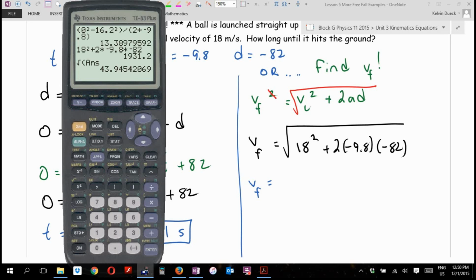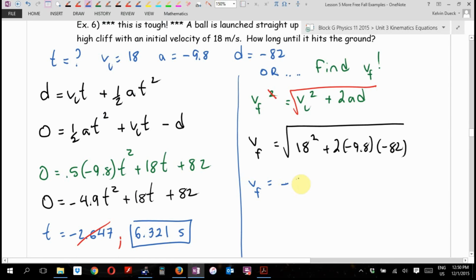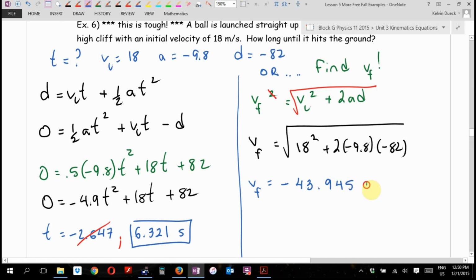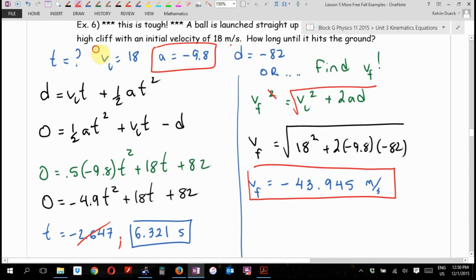So the only difficulty with this, Duncan, is I have to add the negative. The answer, V final, is negative 43.945. Why does that help? Because now, Ariel, I have V final. I have A. I have V initial.